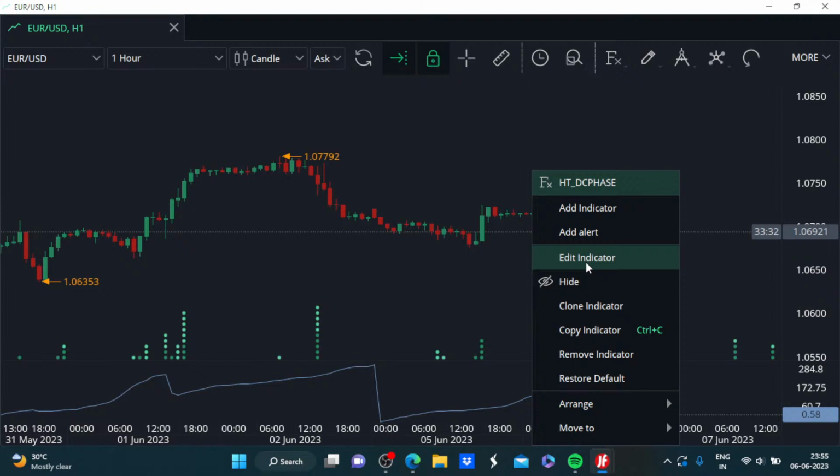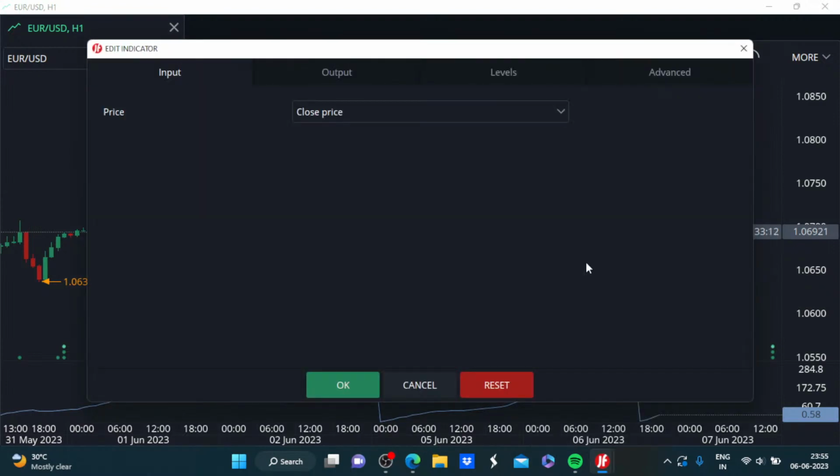There is not much we can do in terms of the calculation. The calculation is going to be fixed. Even the calculation period cannot be varied for this indicator. It is going to be calculated as per its predefined formula.